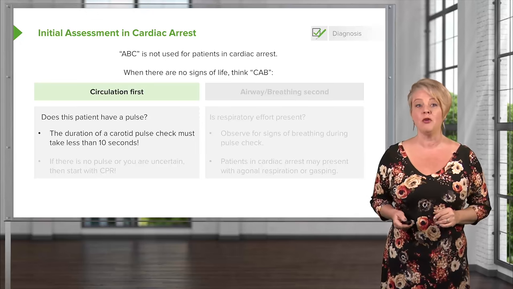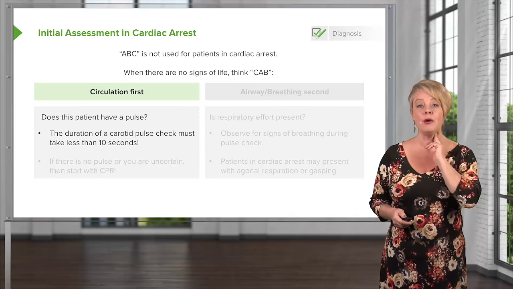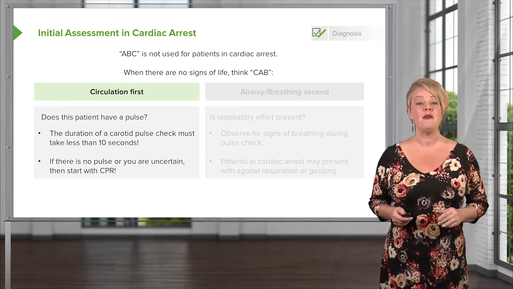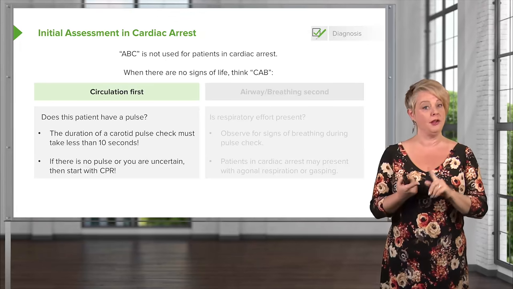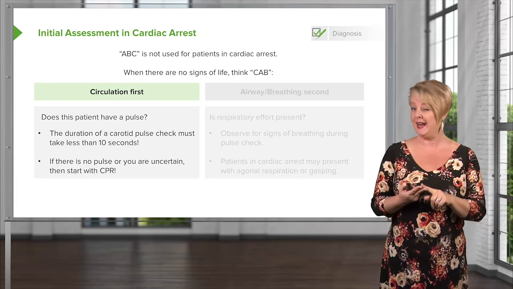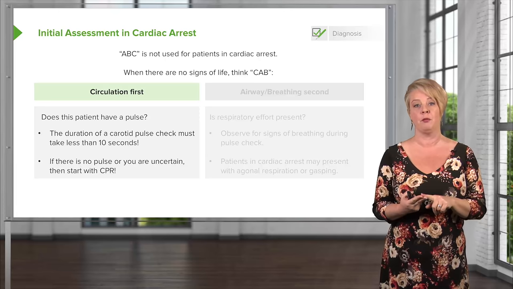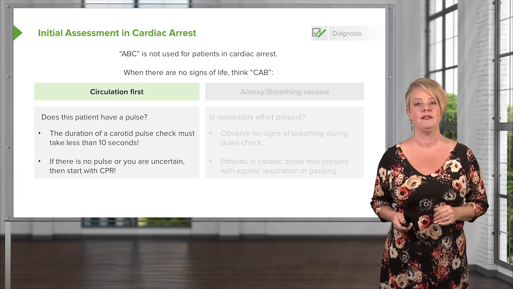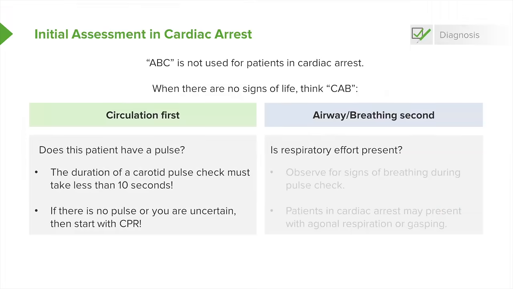We want to check the pulse for a maximum of 10 seconds, always in the carotid. And if at the end of that time there either is no pulse or we have any question as to whether or not there's a pulse, we're going to go ahead and initiate CPR. Only after we've decided whether or not a pulse is present are we going to worry about airway and breathing.